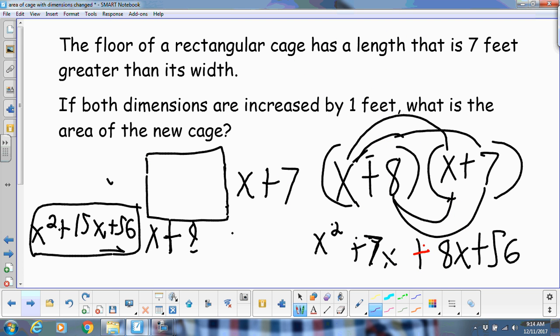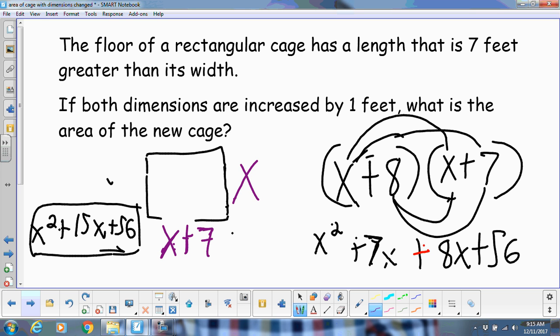Okay, and then Seth started with x and x plus 7, right? Okay, and then it added 1, so this would have been x, and then he added, all right, let me see what you did here. Both dimensions are increased by 1, right? So your initial should have been x and x plus 7, right?